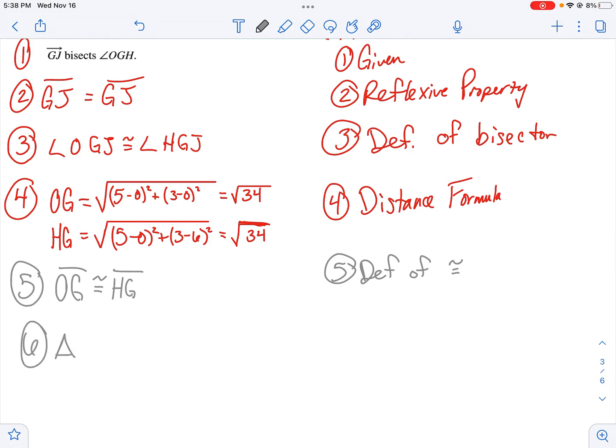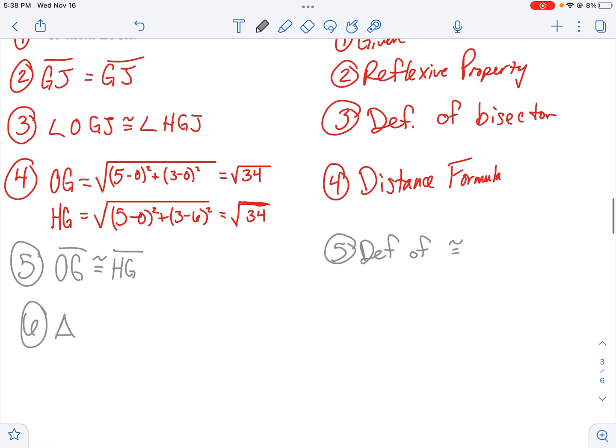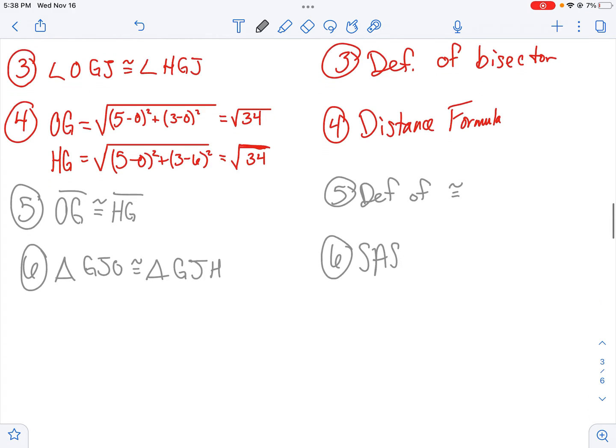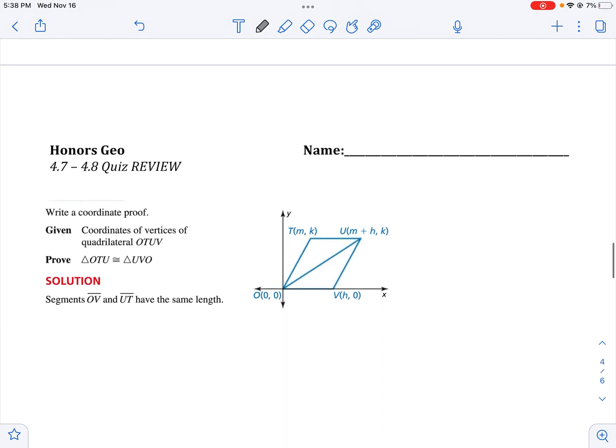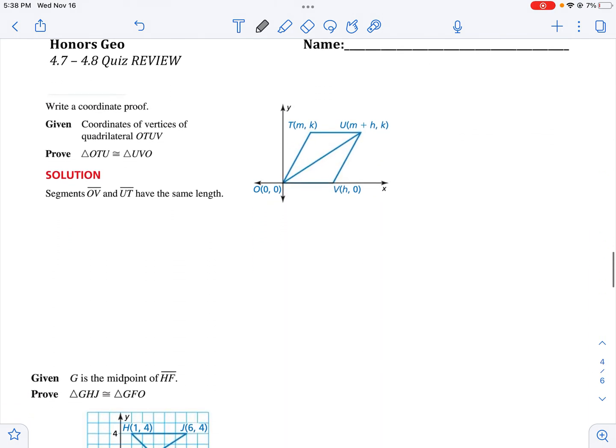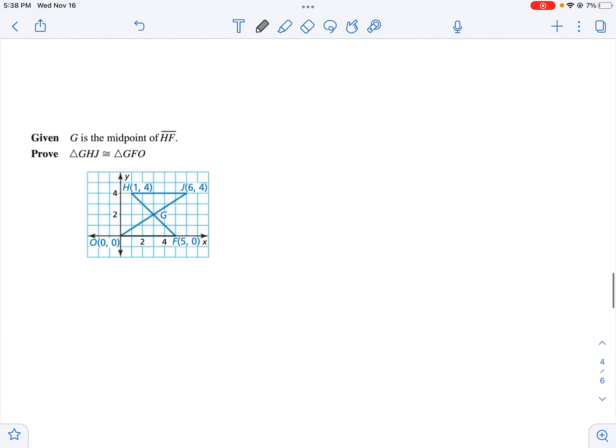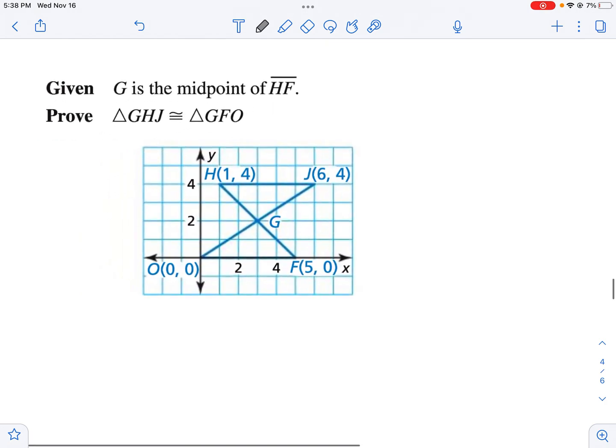So I can say that triangles GJO and GJH must be congruent by side angle side. So the whole point of this is to take what you're given and use the distance formula when necessary to prove congruent triangles.